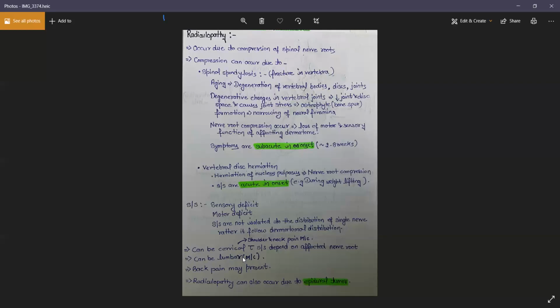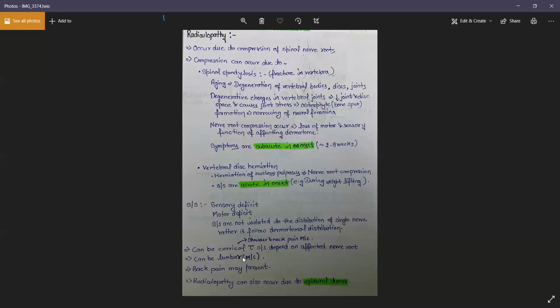As a result, the patient will have pain radiating all the way down the leg in the distribution of the sciatic nerve, and that is known as sciatica. It will be a radiating, shooting type of pain, and the pain will go all the way down the leg in the regions supplied by the sciatic nerve. This is known as sciatica.